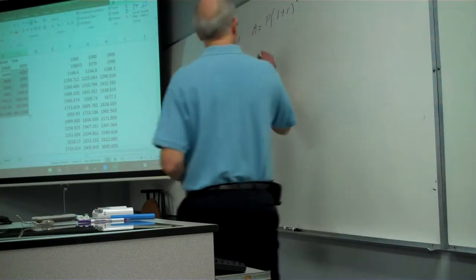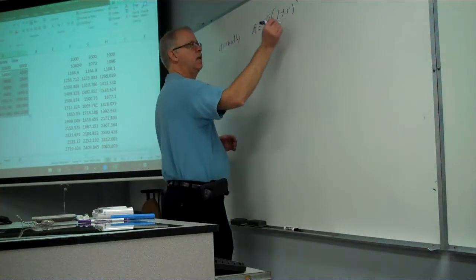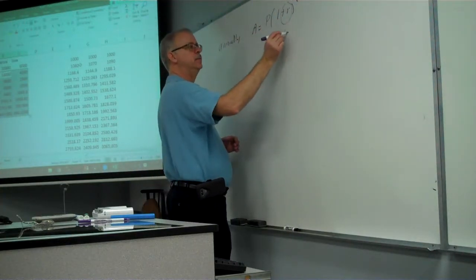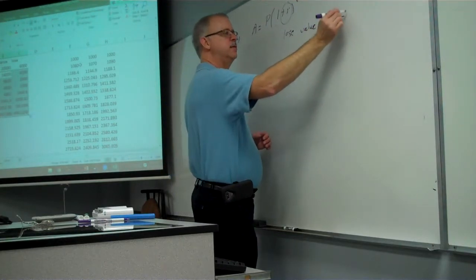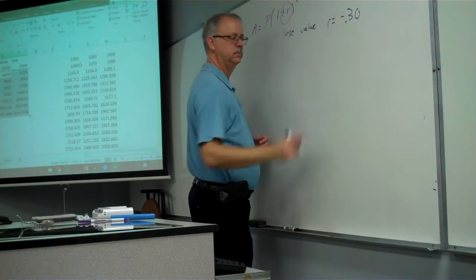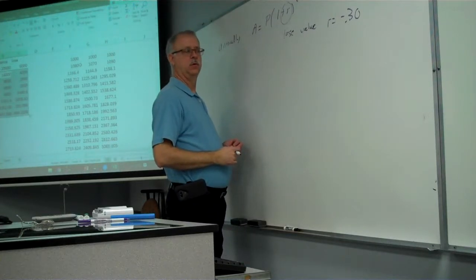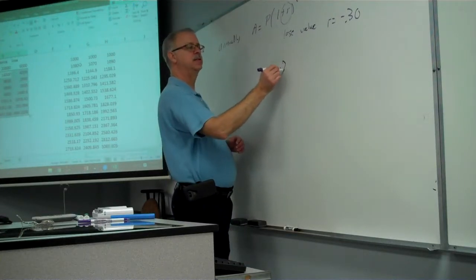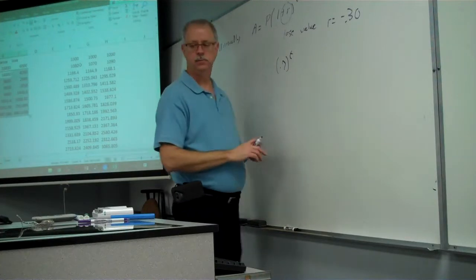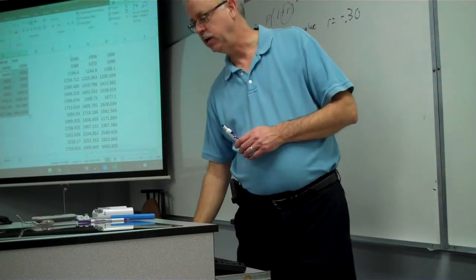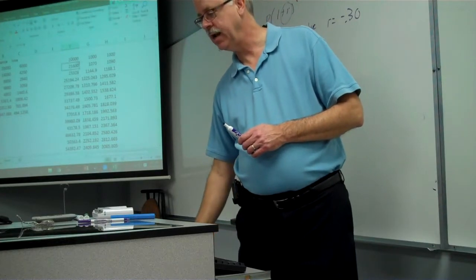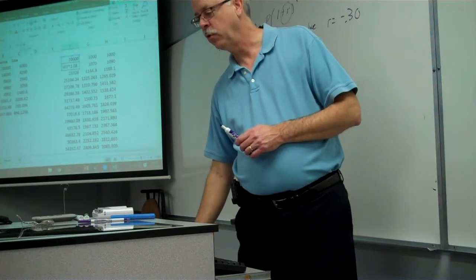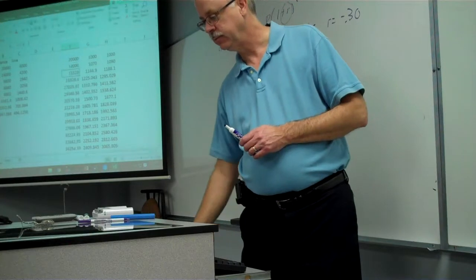Or if we use this model, since we're losing value, our rate is actually negative. So we're multiplying by 0.7 to the t power. So over here, where it was 1,000 before, it's 20, and now instead of multiplying by 1.08, we're multiplying by 0.7.